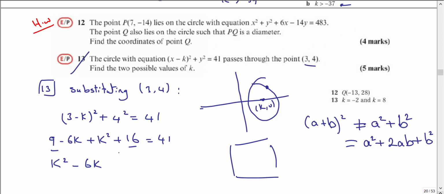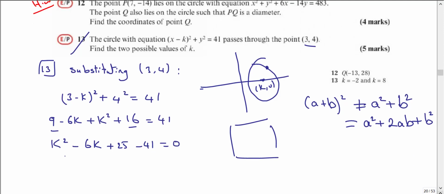Now 9 and 16, that's 25. So we have 25 minus 41. What's 25 minus 41? 16, negative 16. Okay, so negative 16.